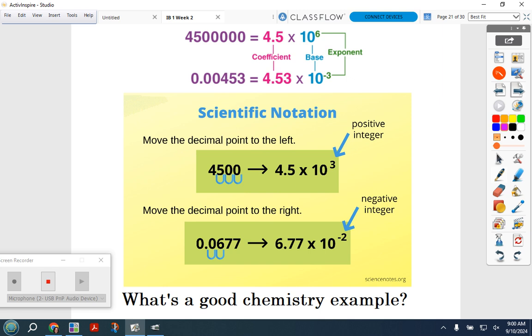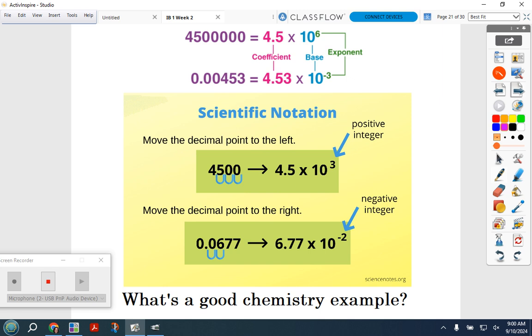Okay? And then we're using the 10 to the whatever exponent to tell us where the decimal place really goes.